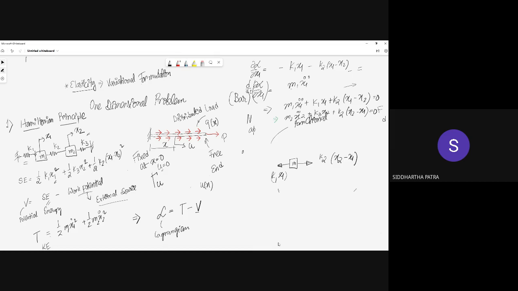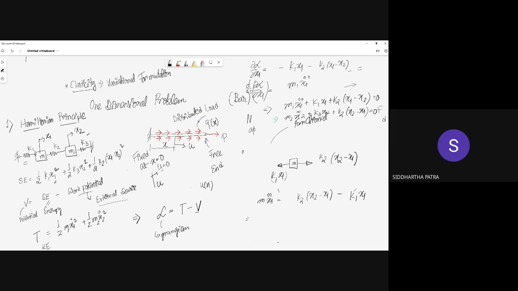Okay, so now from this free body diagram, this is the Newtonian approach where we draw the free body diagram and directly write down m x1 double dot, which is mass times acceleration, is the net force, which is whatever is a force towards the right, which is k2 times (x2 minus x1), minus k1 x1, because that is towards the left.